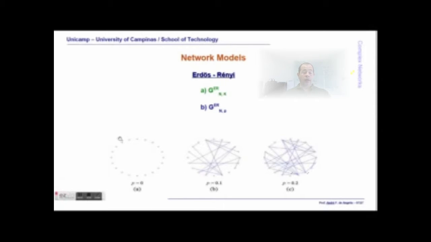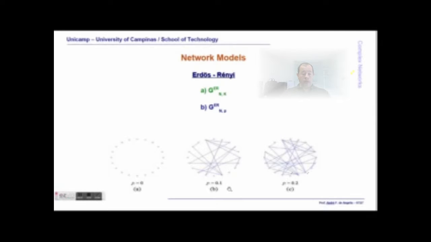In this slide, we can see the set of nodes in the first one down at left, and the probability is 0. Then I will not connect the nodes. It is the same as using 0 as the number of edges in the network.